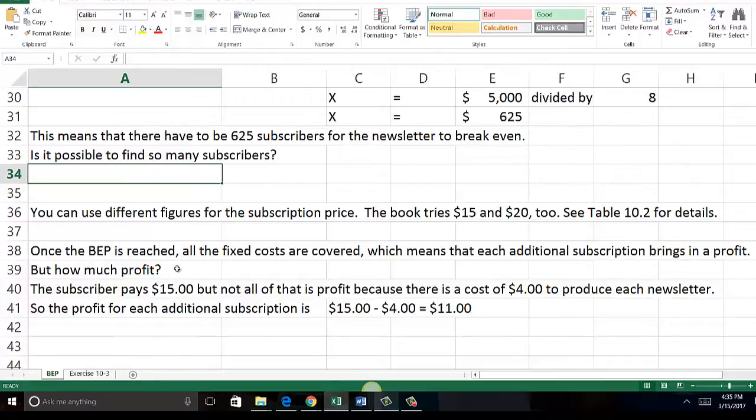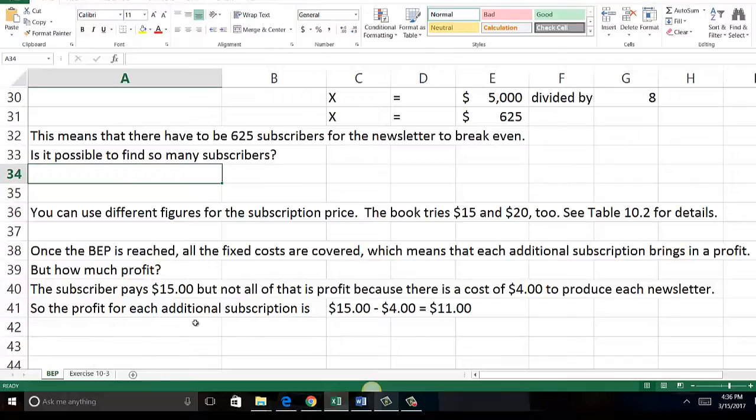But how much profit? If the subscriber pays $15, which is what they settle on, you would think, okay, good, we get another subscriber, we get a profit of $15. But that's not right, because there's still the cost of $4 to produce each newsletter. That's the variable cost per subscription.